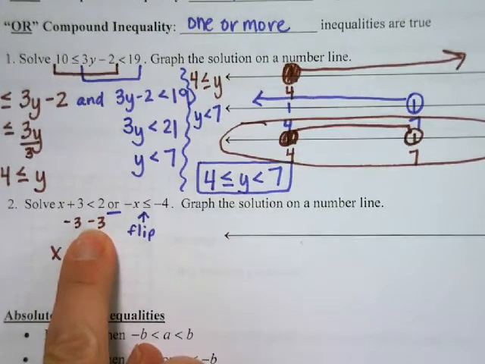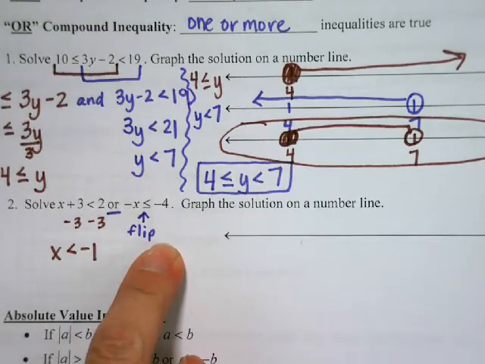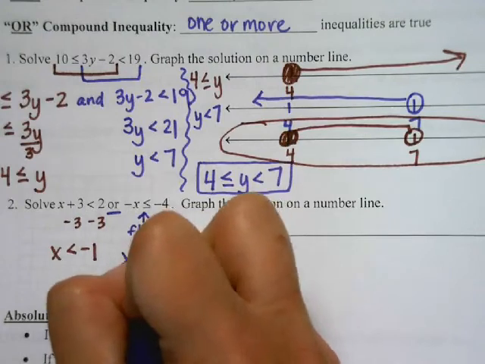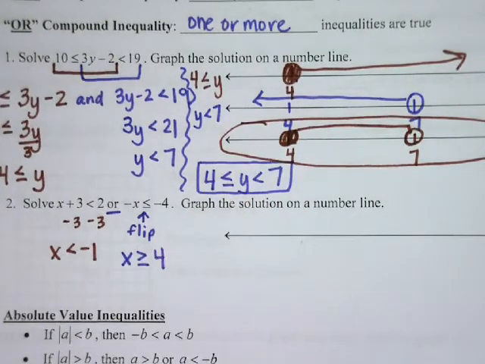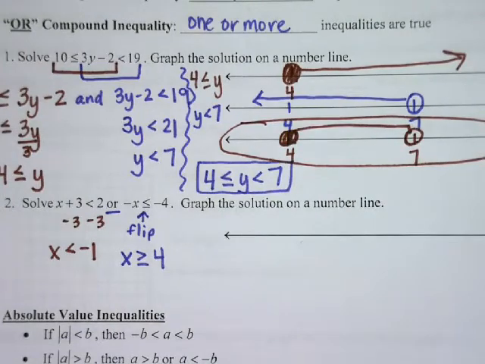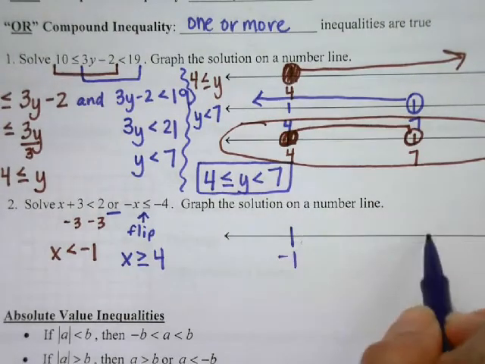We added and subtracted. So now this guy is x is greater than or equal to positive 4. Okay, so let's graph on our number line. We have a negative 1 and a positive 4.